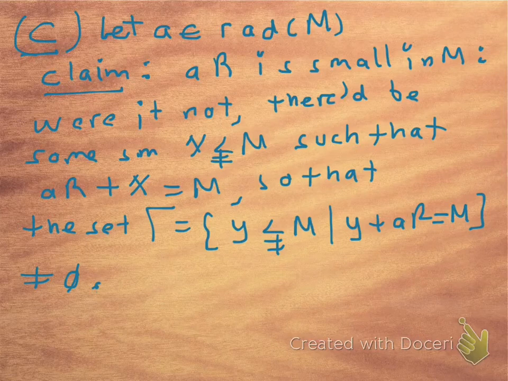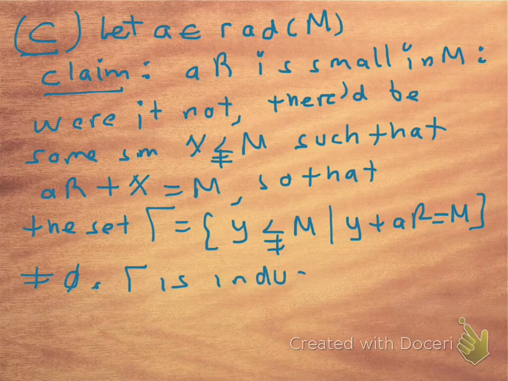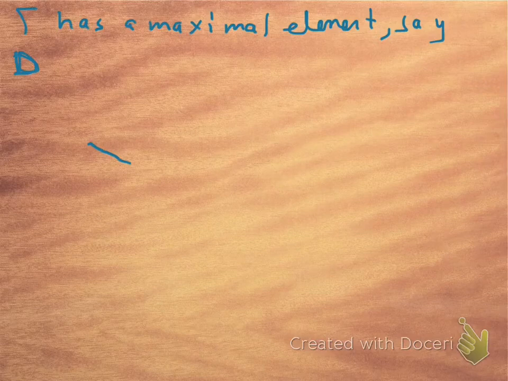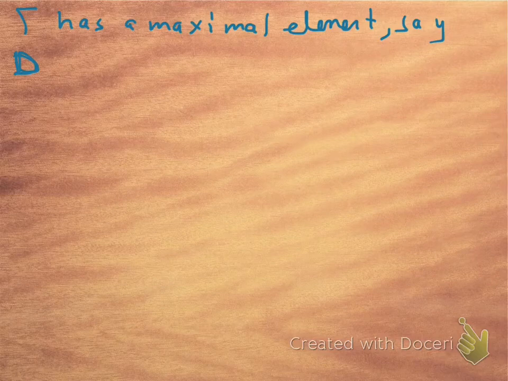The part of the proof I will leave to my viewers is to show that gamma is inductive, namely Zorn's lemma is applicable to it, and thus by Zorn's lemma we can find a maximal element inside gamma. Now we'll simply call it D, our choice of the maximal element in gamma.